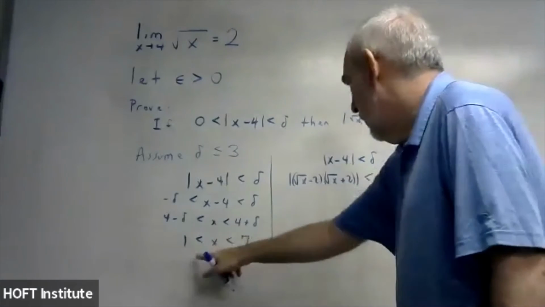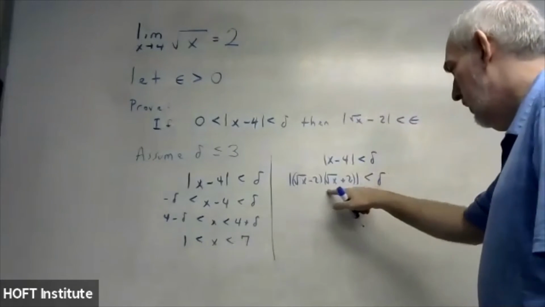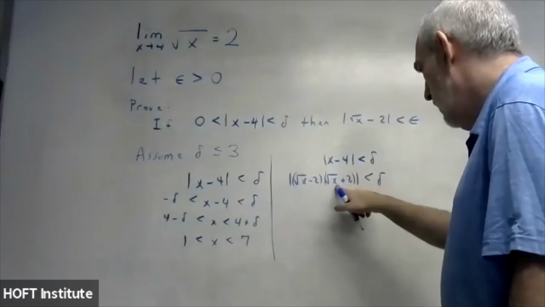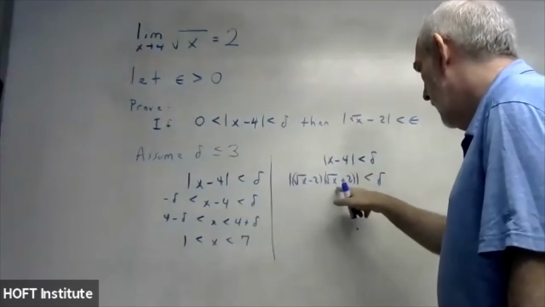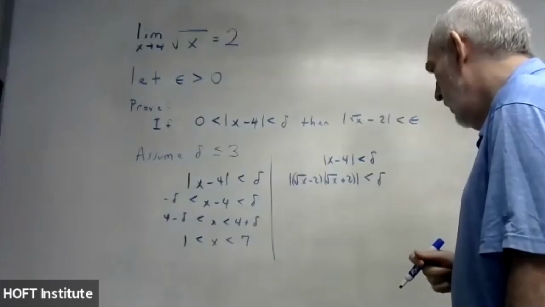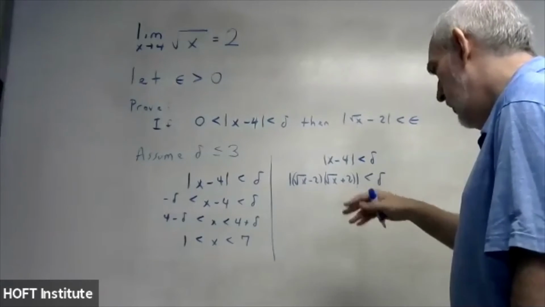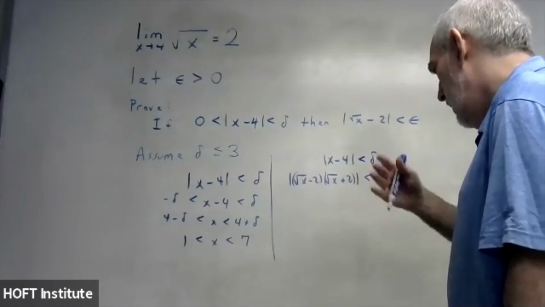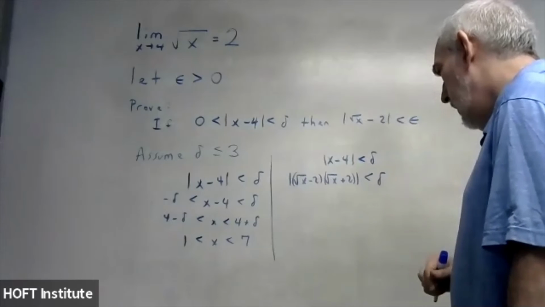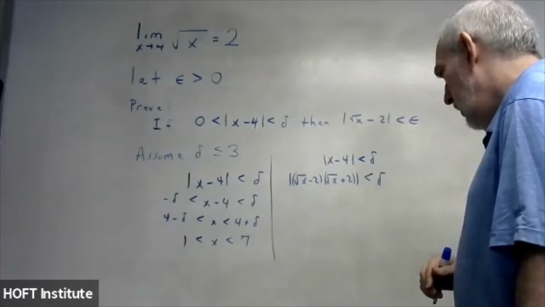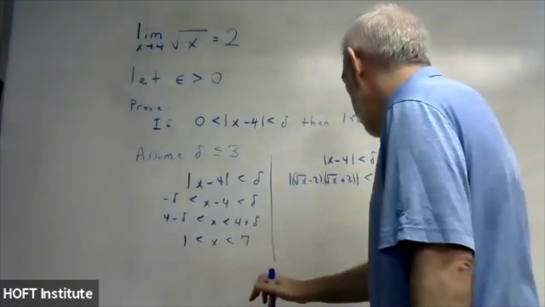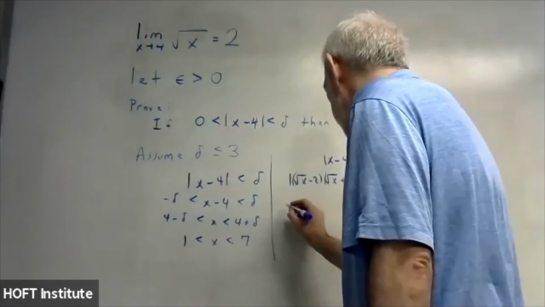Since x is between 1 and 7, if you plug in 1, you get 3, and if you plug in 7, you get square root of 7 plus 2. So this part of the expression is no smaller than 3 and no bigger than square root of 7 plus 2.